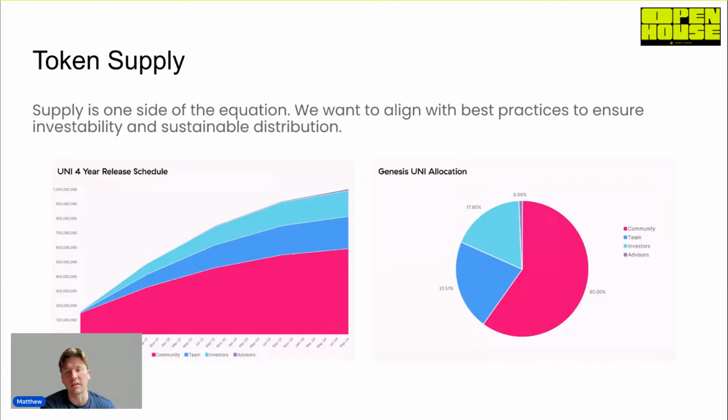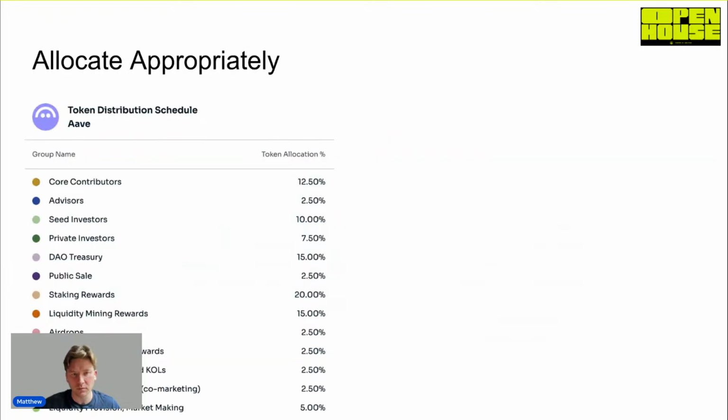I would say that that comes certainly from the demand side of the equation, but it can lead to your downfall if not managed correctly by either having too aggressive of a release schedule or uneven or unfair distributions of allocations to insiders, for instance. And so understanding and looking at what is widely shared as best practice and looking at comparable success stories can be a good way to ensure that you're following best practices from a supply perspective.